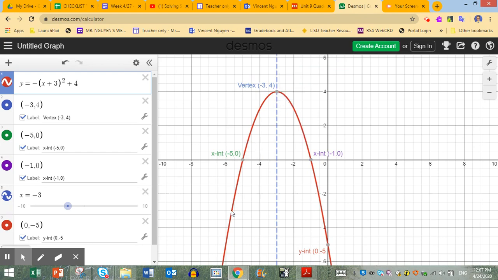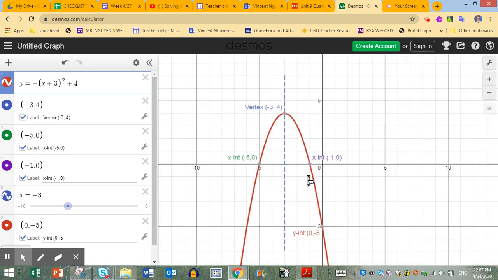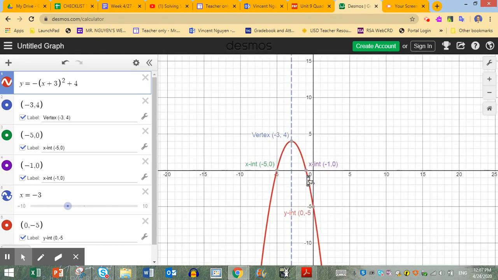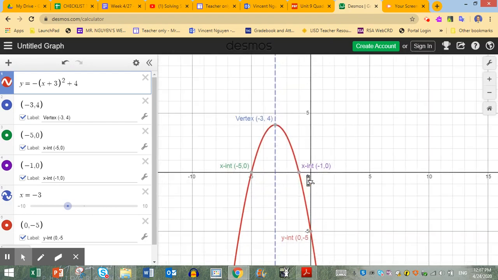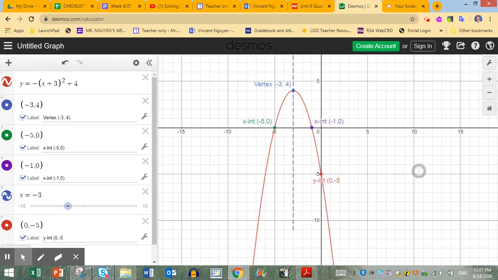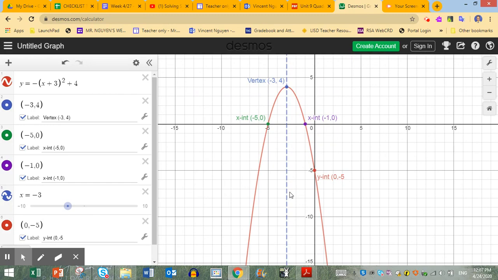And from here, it starts decreasing. So for increasing, we're going to say from negative infinity up until negative 3, on the x-axis. And then starting from negative 3 to infinity, that's when it starts decreasing, okay? So that's the concept of increasing and decreasing. And when you zoom in and out of your graph, you can see that your graph goes to infinity on both the left and the right.